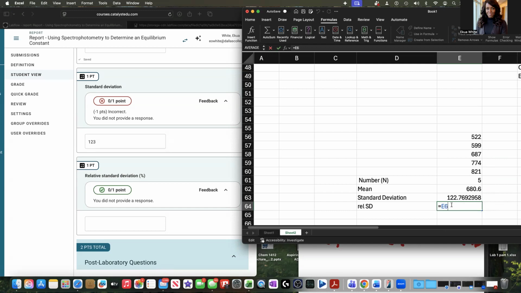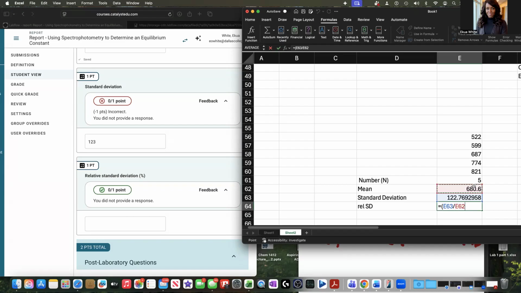So let me see if I can use equal RSD. Is that a thing? There's no R. This is RSQ. So that isn't a thing, right? So I have to take my standard deviation according to this. I have my standard deviation, right? Divided by average, which is the mean.